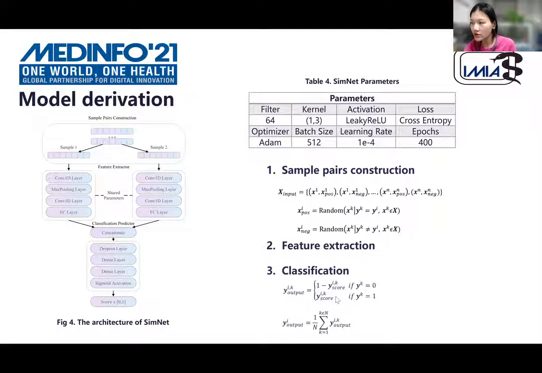The features are extracted as hidden space embedding vectors from the 2 input samples, respectively, by the feature extraction blocks, including a 1-dimension convolutional layer, max pooling layer, and the fully connected layer. And the third step is classification. We concatenate the embedding vectors of the 2 samples and use them as the input for category prediction. And in table 4, we list the parameters for the SimNet.